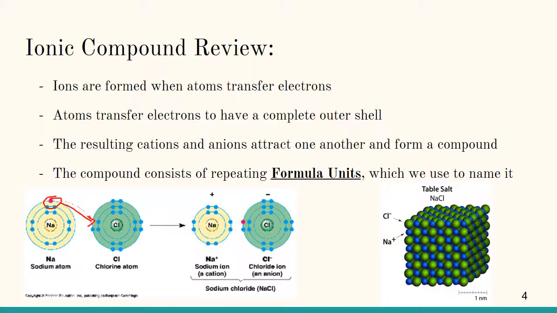Now we have something positive, something negative, and the two will attract. Like we mentioned earlier, we get a repeating stack of these things all going together that gives us a crystal lattice type structure. And that formula that repeats over and over again, that sodium and that chlorine, makes a formula unit.